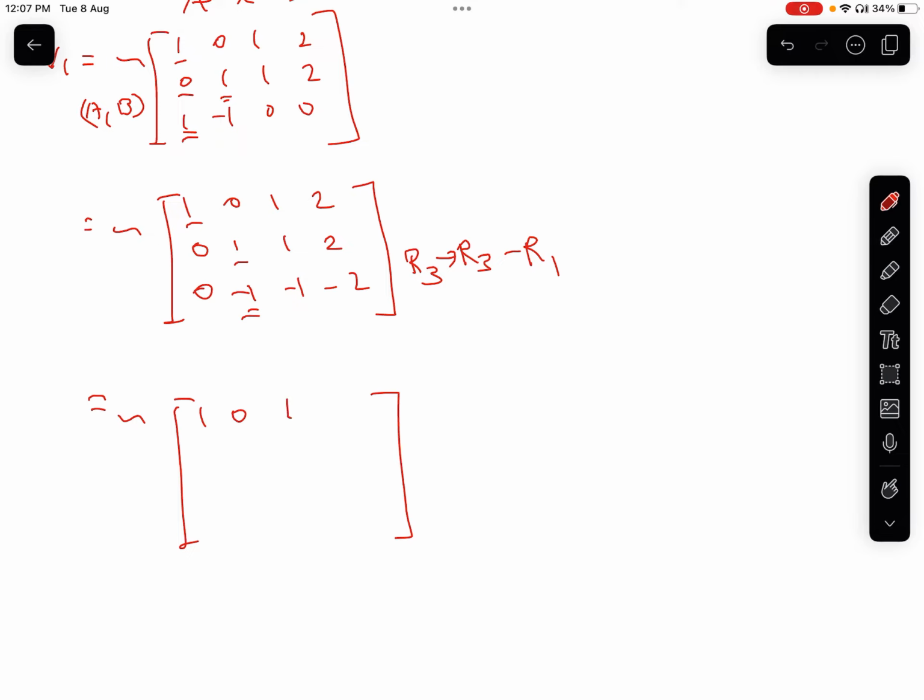So in the next step, we are going to add the third row with the second row, R3 plus R2. So 0 plus 0 is 0, minus 1 plus 1 is 0, again 0, minus 2 plus 2 is 0. So it is in echelon form. Yes, it is in echelon form.